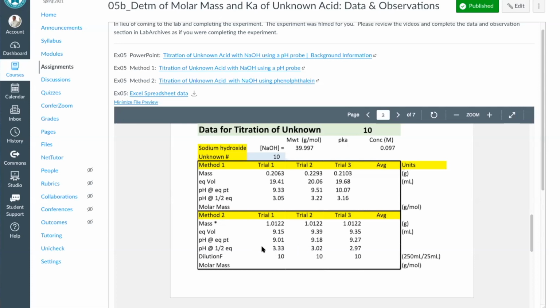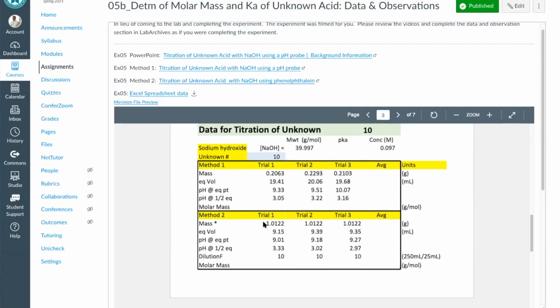When you add an acid back to that solution for unknown number 10, it came out to 3.33, 3.02, and 2.97. And what is the dilution factor? The dilution factor is 10. Why? Because we're only taking 25 mils out of 250.